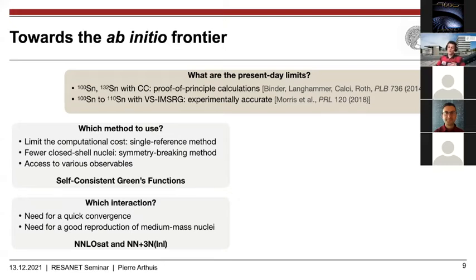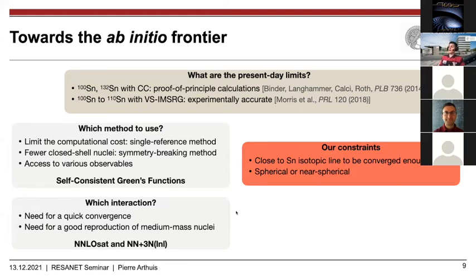So in our case, this was N2LOsat, which is an interaction that has had a huge success in the community over the past few years, that has really proved pretty good at reproducing, especially radii, for example, and the NN+3N local non-local, which was a newly proposed Hamiltonian at the time that we wanted to test alongside N2LOsat in this endeavor.